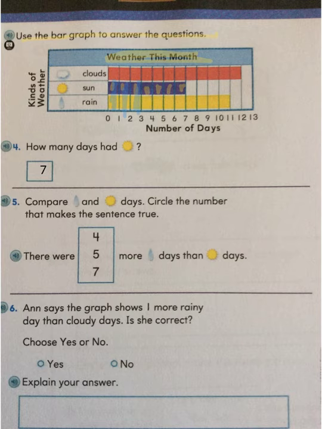I like to do it like this, matching them up. Now, this is what's left of the rainy days at the end here. And I can see 1, 2, 3, 4. There are 4 more rainy days than sunshiny days. So I'm going to circle the 4.